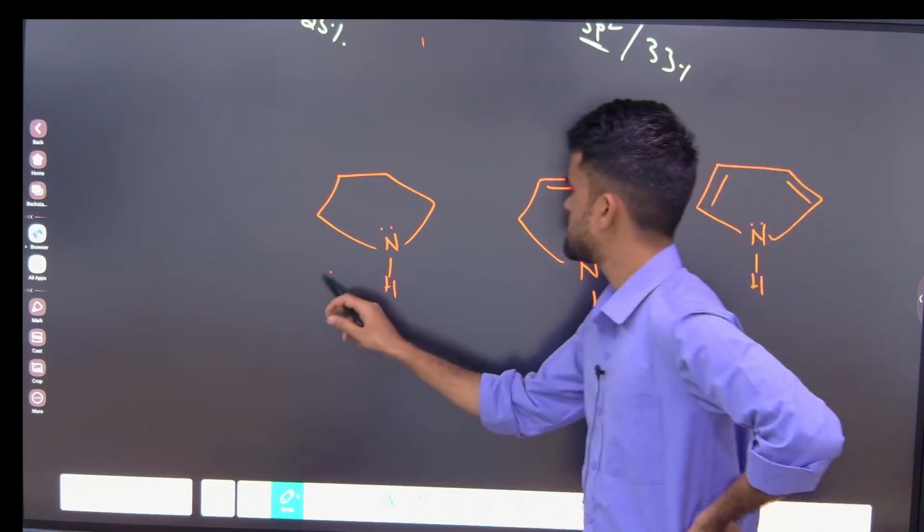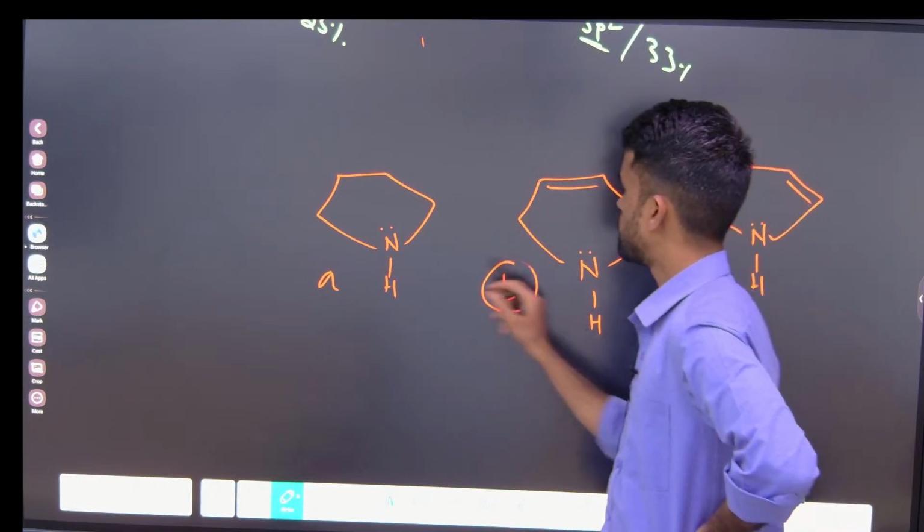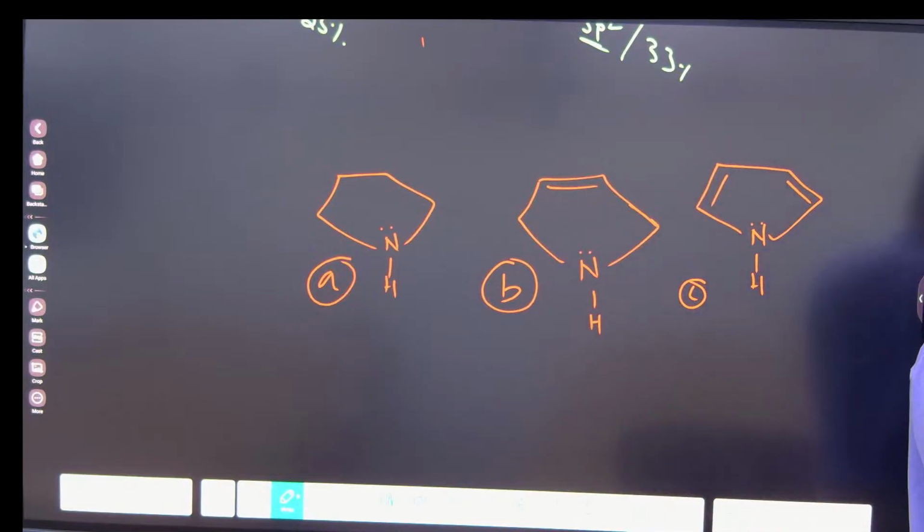So write the basic nature of these three compounds A, B, C. What is the basic nature order for these three compounds? Tell me. Anyone, in the comment box, please mention your answer. You can try, even if it is wrong, no issues, I am going to explain now.